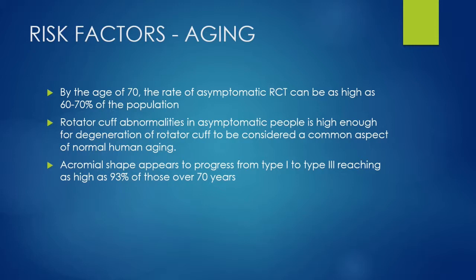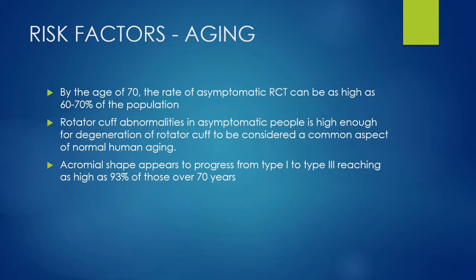In addition to normal degenerative aging of tendons, it seems that other aspects of the shoulder associated with aging contribute to the development of shoulder tendinopathy. So as one example, the shape of the acromion process of the scapula can greatly affect the potential for rotator cuff tendinopathy.